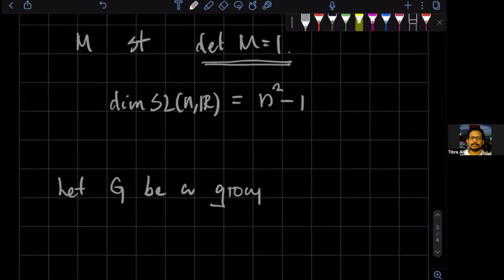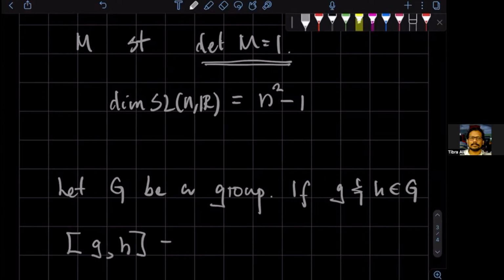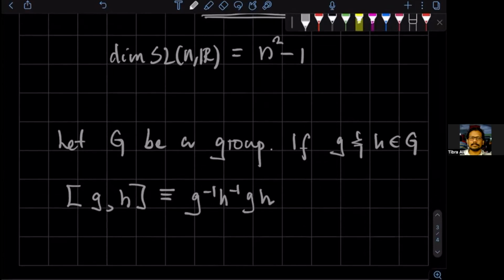Now, if G and H are elements of that group, then the commutator of G and H. See that we are not working with the Lie algebra. We are working with the group, Lie group. The commutator of G and H will be defined as G inverse H inverse GH. Okay, this is the definition of the commutator.